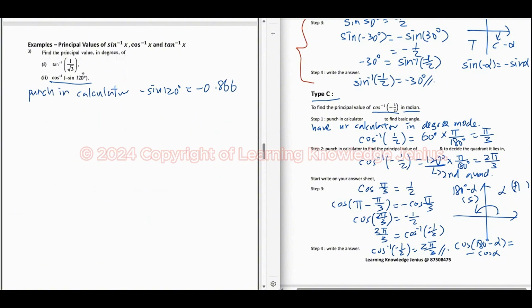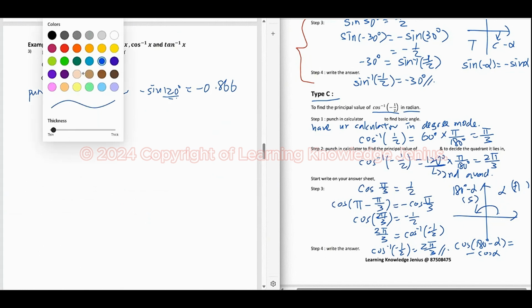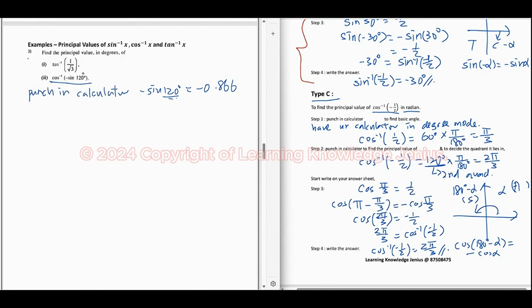But you can tell that 120 is actually a special angle. So what you will do, remember I mentioned last time when I taught you, you can square the value. You square it, then you will get 3/4. But to write the proper value, because it's a negative value, you will square root it. So it's negative, this one. So you should get this.